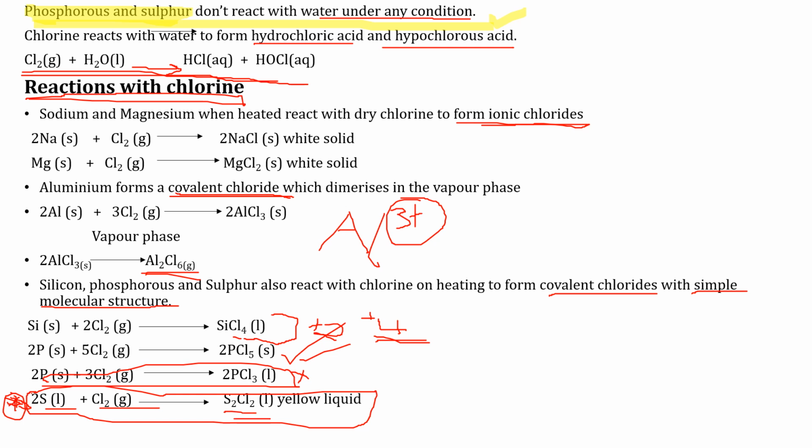Take note about the states. We heat sulfur in its liquid form, and we react it with chlorine in its gaseous form to form disulfur dichloride in a liquid form. So be aware of this equation, because we highly ask it.